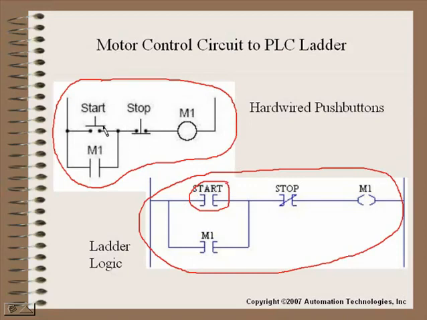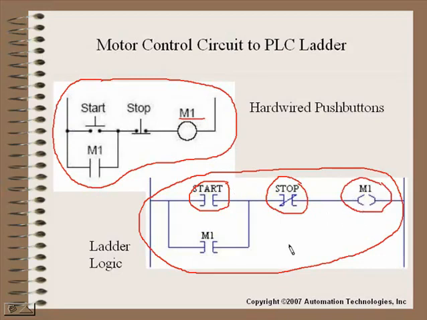They're shown slightly differently, but this start contact correlates to the location where this push button comes into the PLC, and the stop contact also correlates to the position where this stop push button is wired into the PLC. And with the output, the coils look pretty similar, but the coil correlates to an output that's going to drive this relay from the PLC.